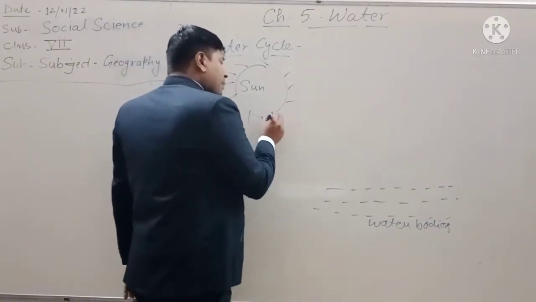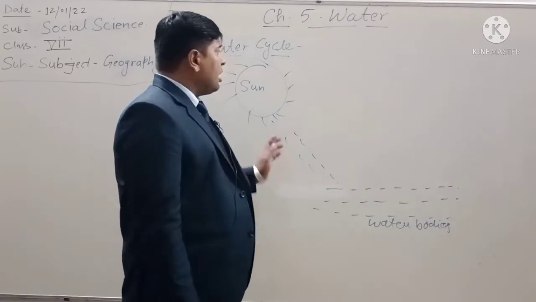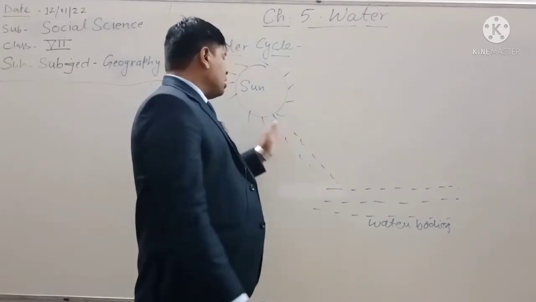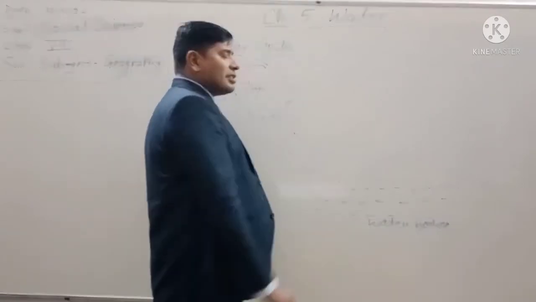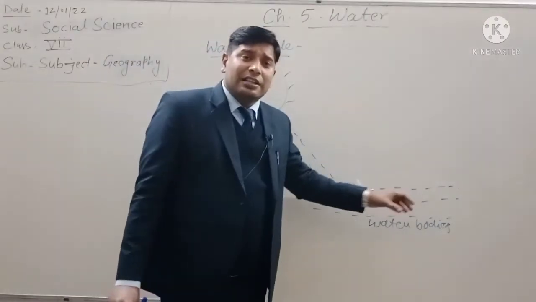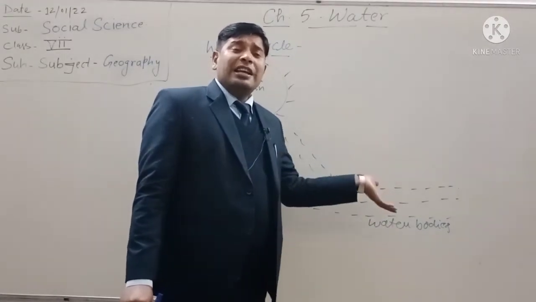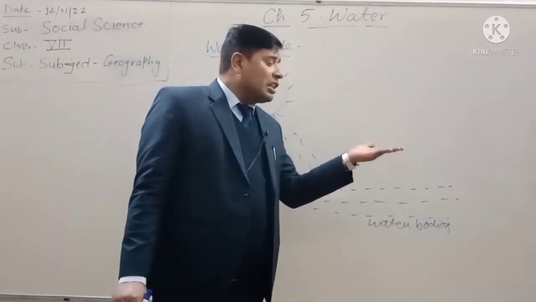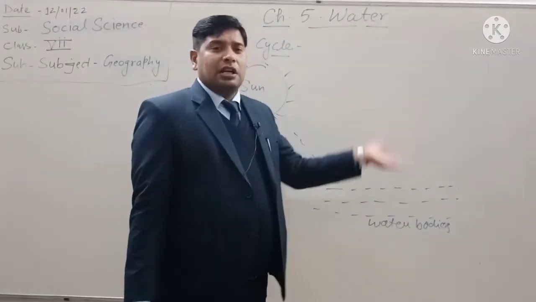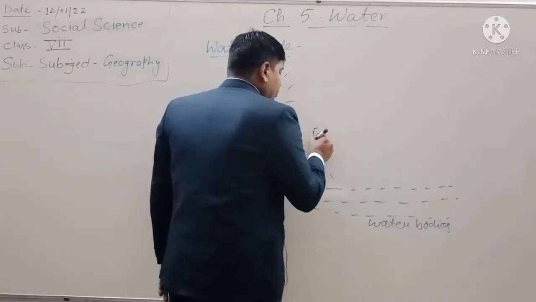Students, the process of the water cycle starts through the heat of the sun. When the heat of the sun comes over the earth and mixes with the water bodies, the water evaporates.